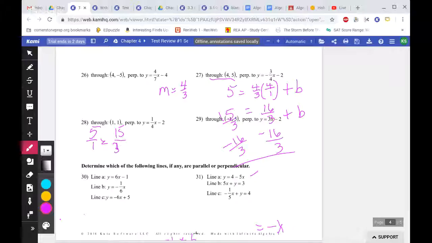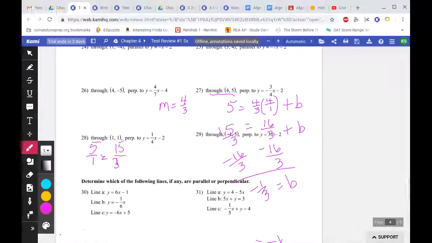And that gives me, I just subtract my numerators, so that's going to give me a negative 1/3 equals b. So my final answer for number 27 is y equals 4/3 x minus 1/3.